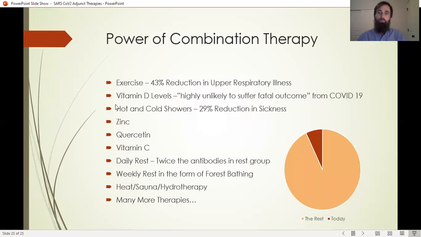And there are many more therapies. We talked about how we're just scratching the surface with these therapies. There are many more therapies that we don't have time to go over, but these simple ones are enough. You really don't need a lot more than this.